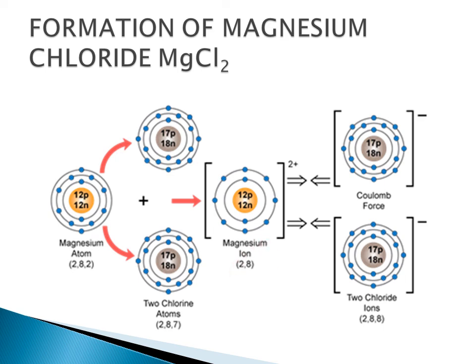Chlorine atom changes to chloride ion with the configuration 2,8,8. They form an electrovalent bond between Mg2+ ion and chloride ions, and hence we can say that magnesium chloride is an electrovalent compound.